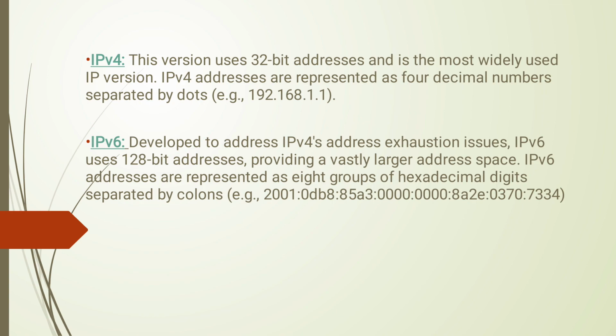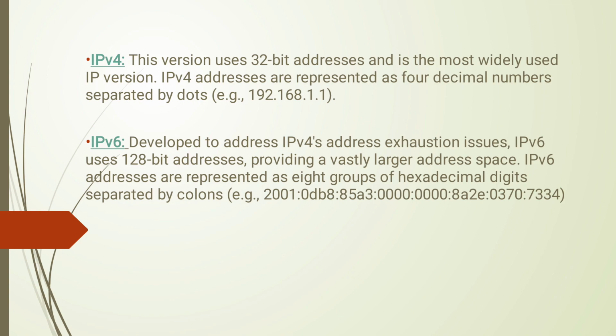But IP version 6 was developed to address IP version 4 address exhaustion issues, and IP version 6 uses 128-bit addresses. Here you can see the difference between IP version 4 and IP version 6, where IP version 4 has 32-bit addresses while IP version 6 has 128-bit addresses, providing a vastly larger address space.